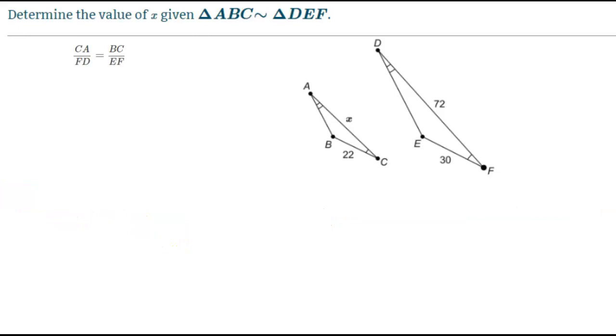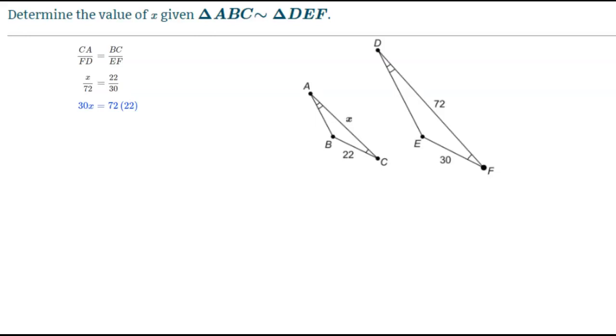And then we're going to substitute CA with x and FD with 72, and BC with 22, and EF with 30. Now we're going to cross multiply, and that's going to give us 30x is equal to 72 times 22.